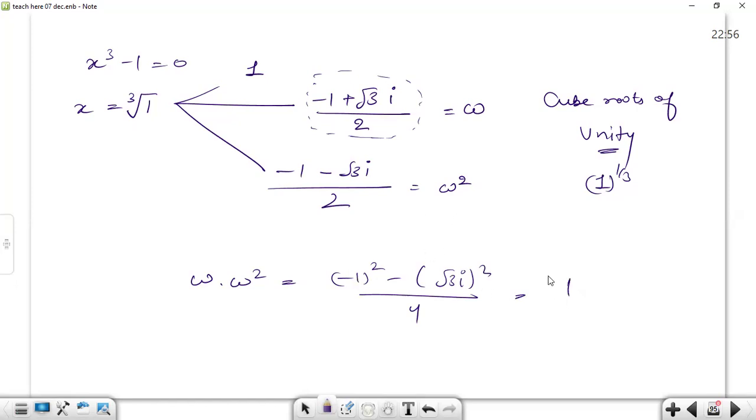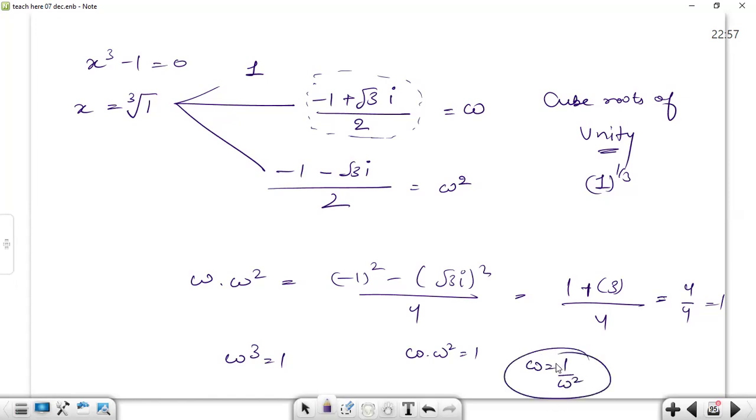Minus 1 square becomes 1 minus root 3 square, which is 3, and iota square becomes minus 1, which will neutralize this negative sign. So this becomes 4 by 4, which is simply 1. So from here we can conclude that omega cube is 1. And we can also write that omega into omega square is 1. So if omega into omega square is 1, omega is going to be the inverse of omega square.